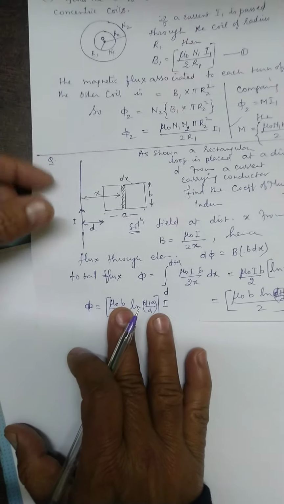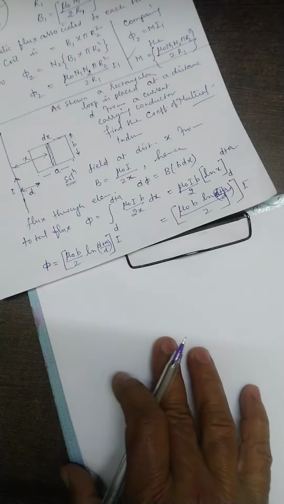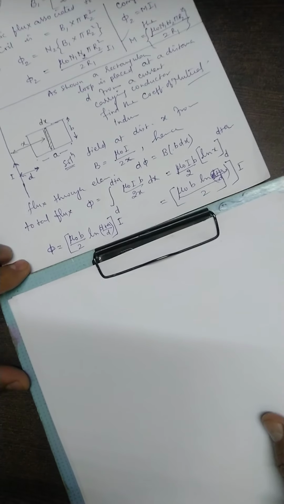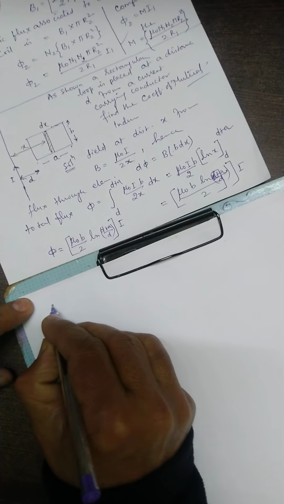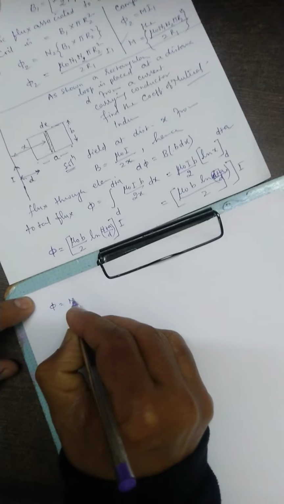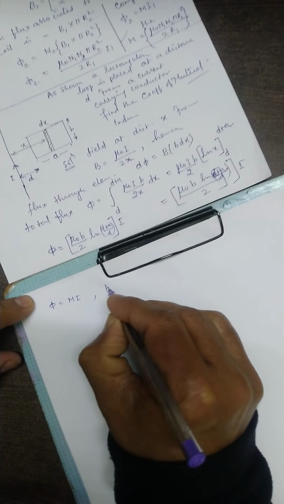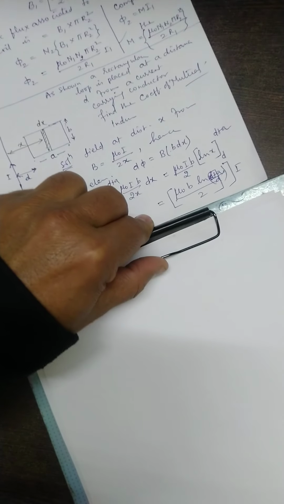And dear students, then you will find that comparing this equation with the standard equation phi equals M I, I get the coefficient of mutual induction.